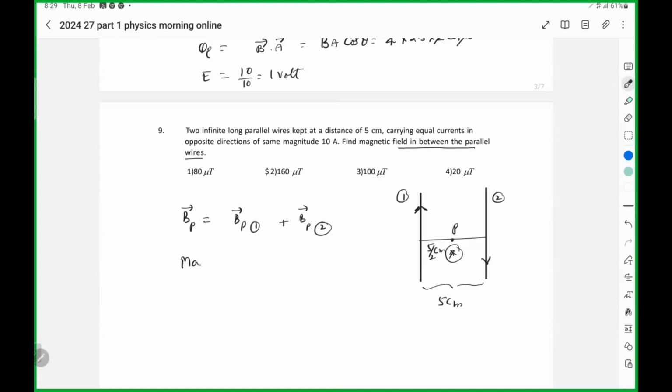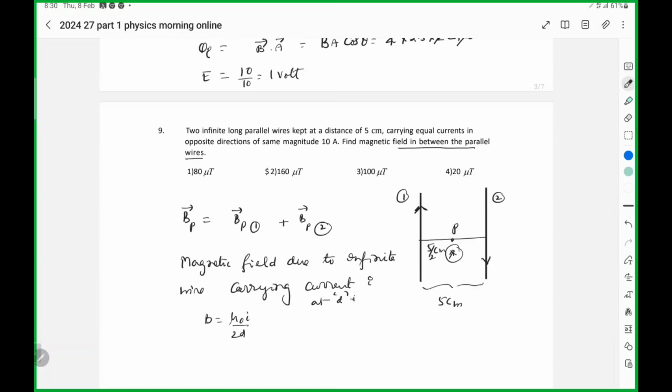So the magnetic field due to an infinite wire carrying current I, the formula we have is mu naught I by 2 pi d, for current I at distance d.